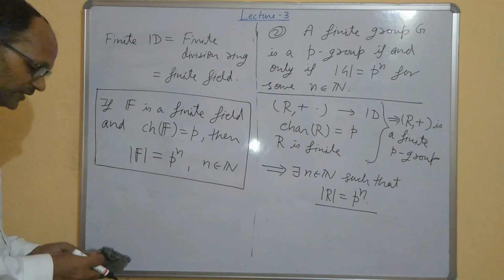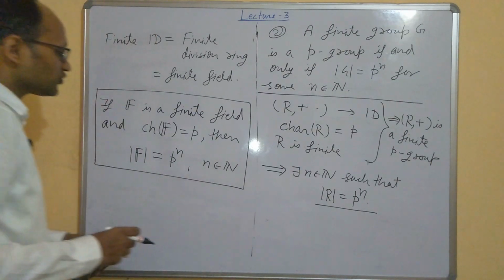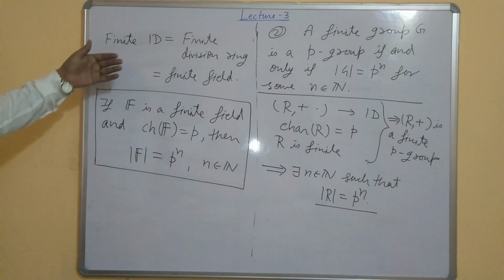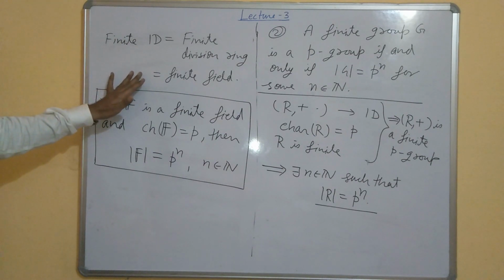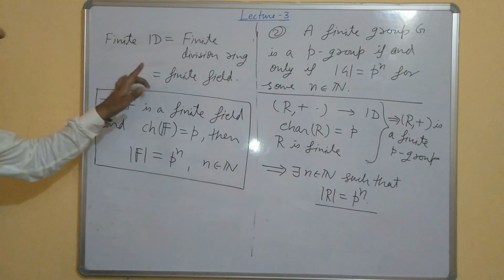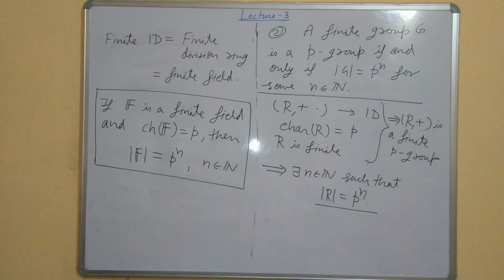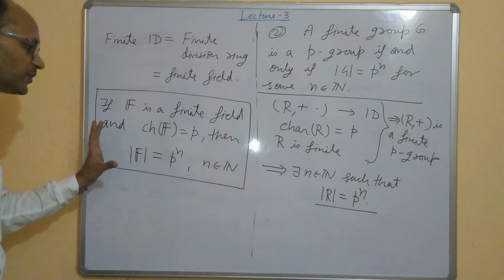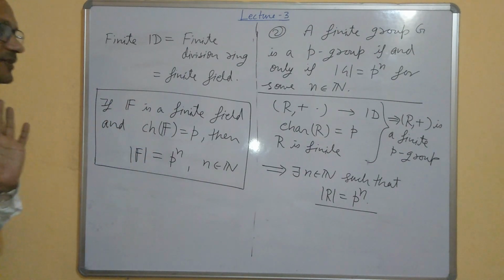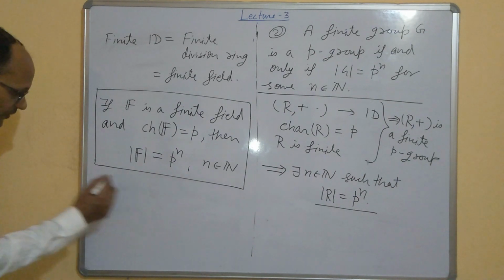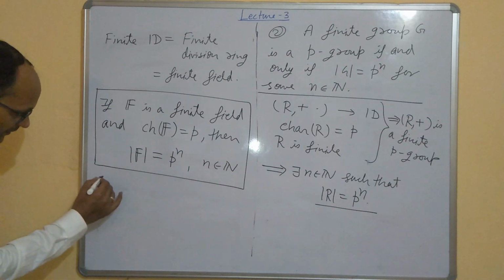But one thing you should notice, that if you have a finite integral domain, then the characteristic will be a prime number, and the order of the whole integral domain will be P to the power some n. So let me write again.